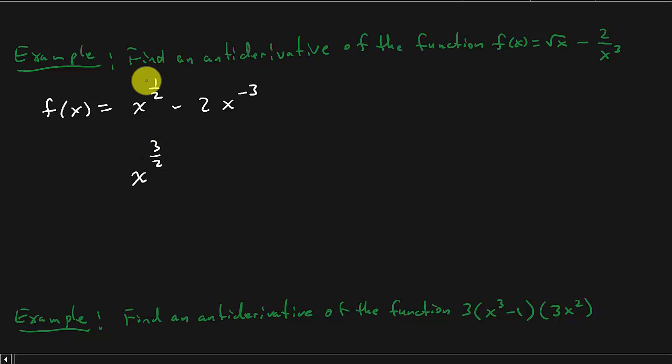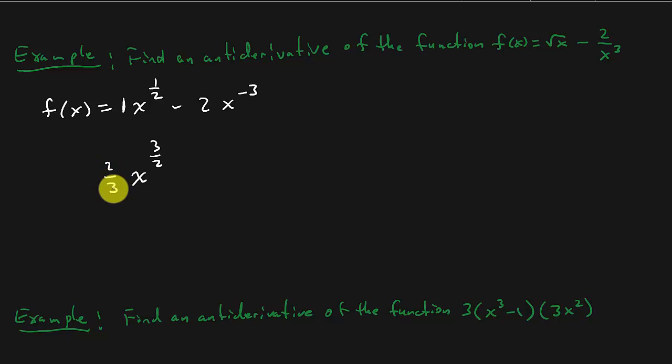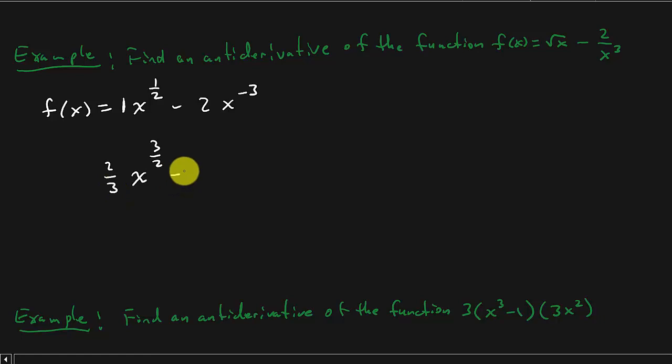So 3/2 minus 1 gives me the 1/2. Okay? Now, what about the number in front? 3/2 times what number is going to give me this 1 here? Well, 3/2 times 2/3. You see that? All right, and then I've got minus.